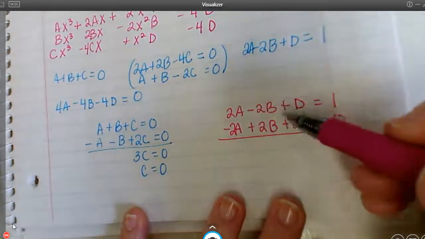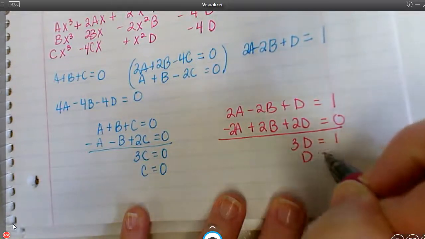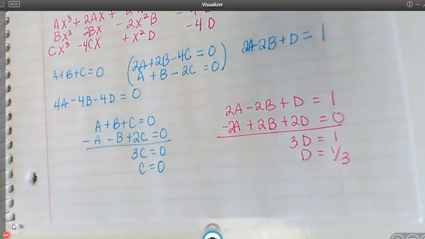And that's nice because all that goes away. I get 3D equals 1. So D is a third. And I'm just showing you one way to work it out. There may be other ways to work it out.